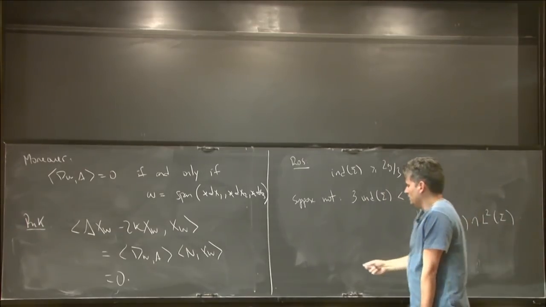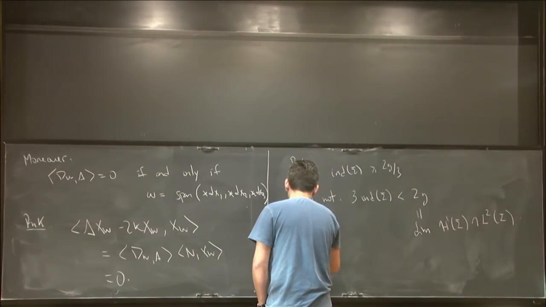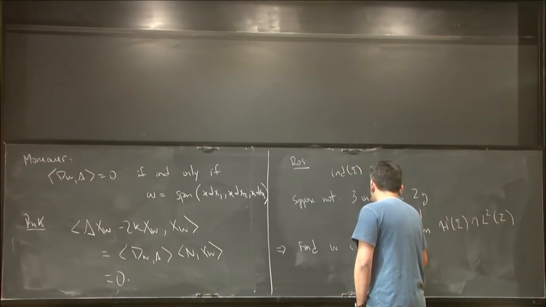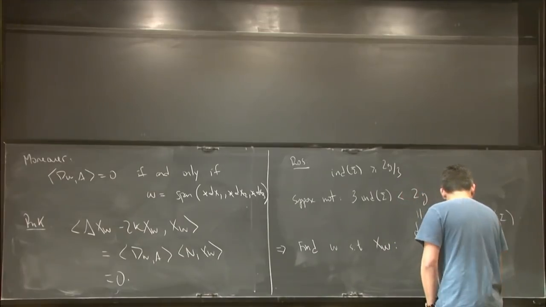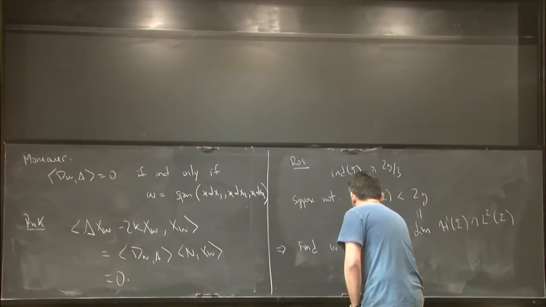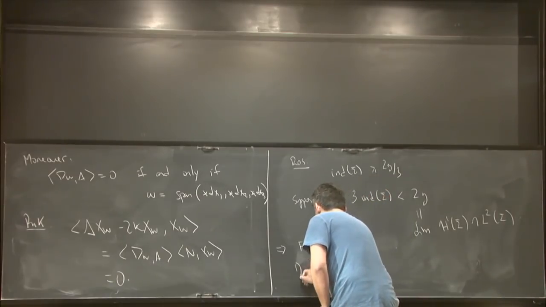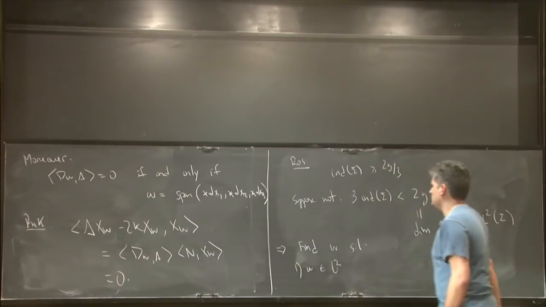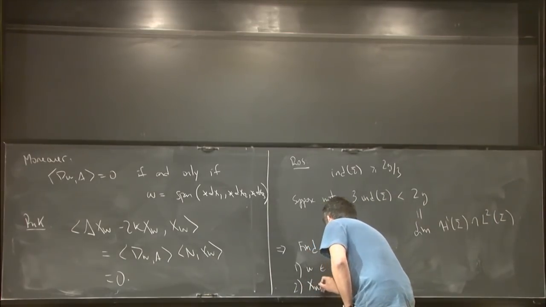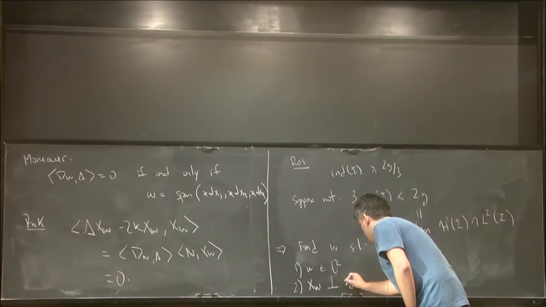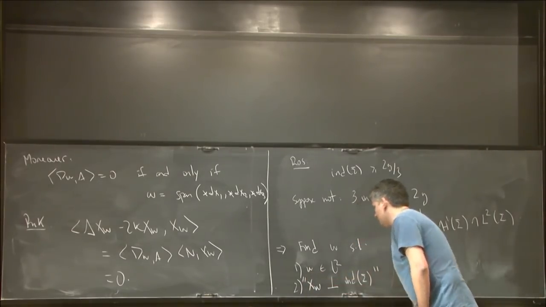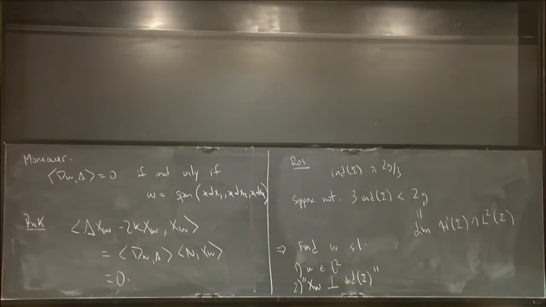So this implies I can find omega such that, one, omega is in L2, and two, x omega is orthogonal to the index of sigma. Let me put this in quotes, because I haven't made that precise yet.